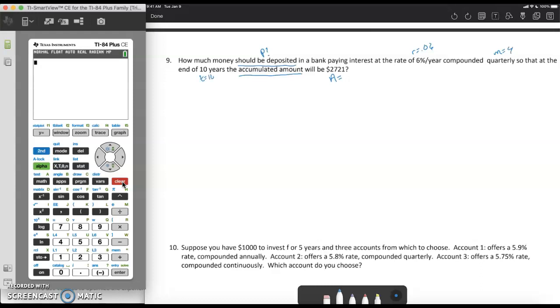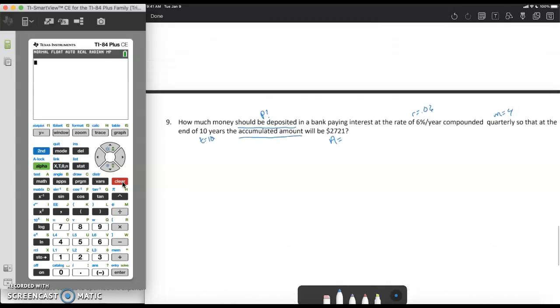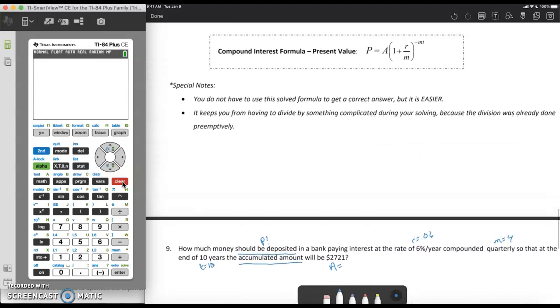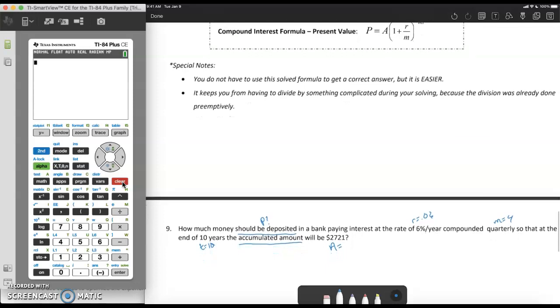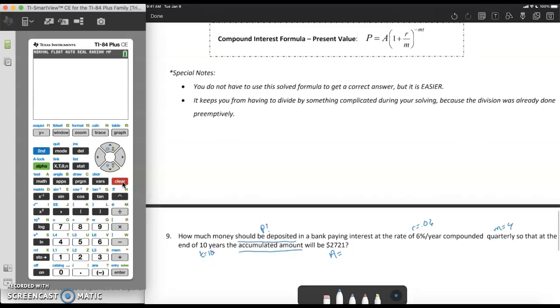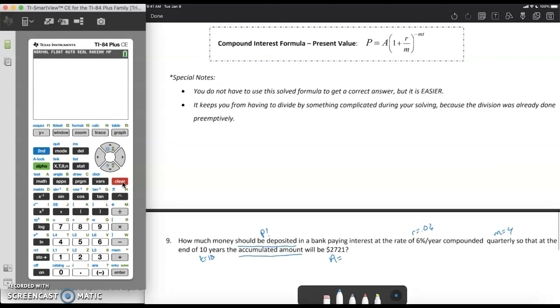So again, there's nothing wrong at all with using either one of the compounding formulas. I just particularly like to use the one that's already solved for what I'm looking for. So I'm looking for present value here. I'm going to use the present value formula. If you notice, all that's different between the accumulated amount formula, the future value version, and the present value version is the exponent is negative in the present value and is positive in the future value.